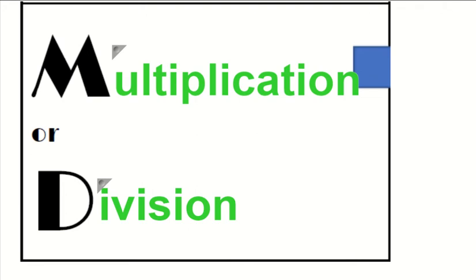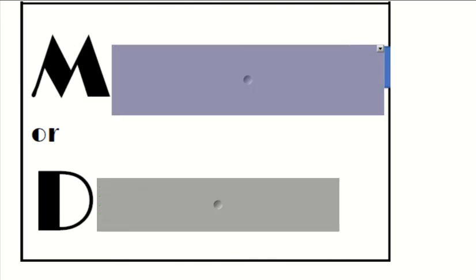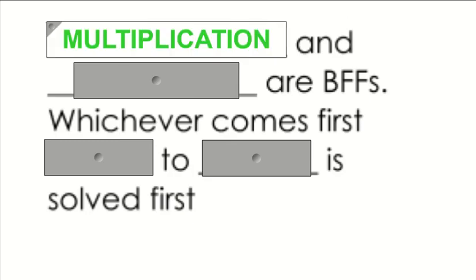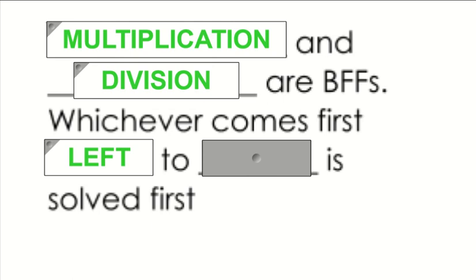You'll notice here it says multiplication or division. In that little box off towards the right, it's got multiplication and division are BFFs. If there's ever any proof I did not write this workbook, it's stuff like that. But the way they work then, whichever comes first, going from left to right, is solved first.